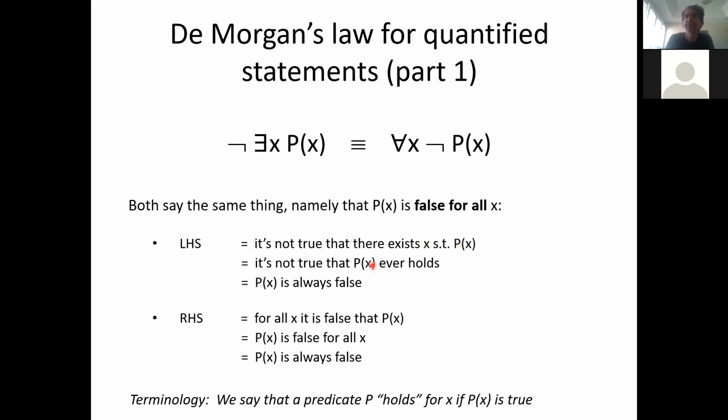In other words, P(x) never holds. There is no x that makes P(x) true. So P(x) is always false. The right-hand side says the same thing in a different way. It says that for all x's, P(x) is false. In other words, for all x, P(x) is false. So P(x) is always false. It's the same.